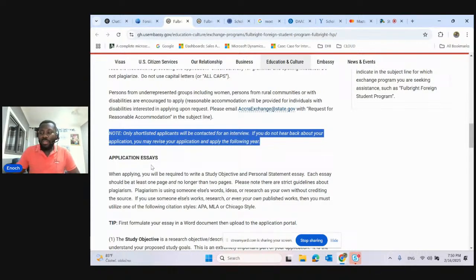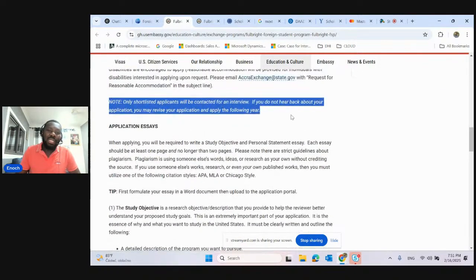But if you have read information like this and the deadline for notifying accepted candidates has elapsed, then you know that you didn't make it, so you don't need to contact anybody, since it has already been stated that only shortlisted applicants will be contacted. And the reason is that usually a lot of people are applying to these scholarship programs, and they don't have the strength to reach out to everybody, especially when the news is not going to change anything in your life.